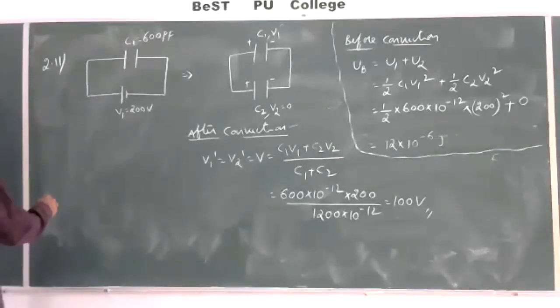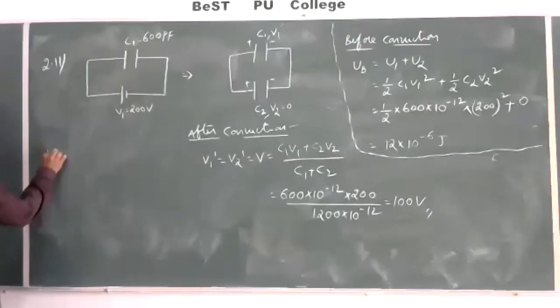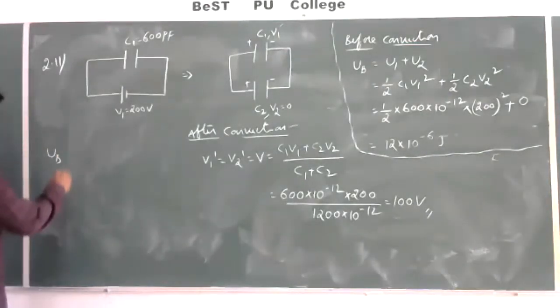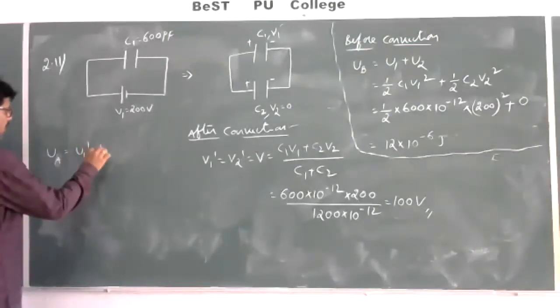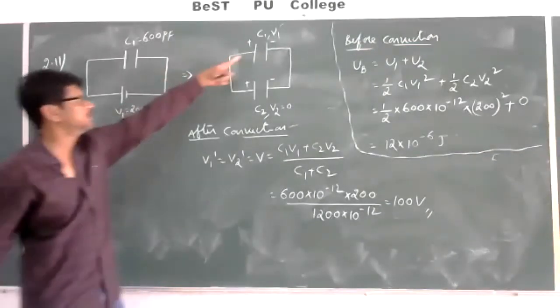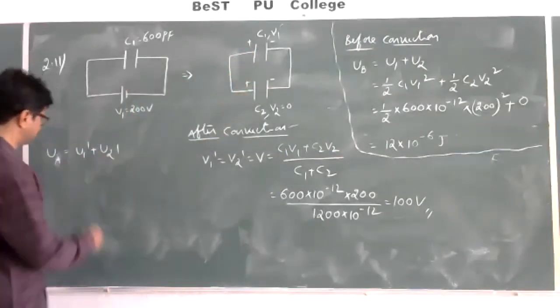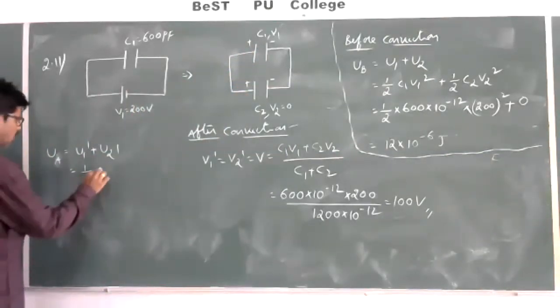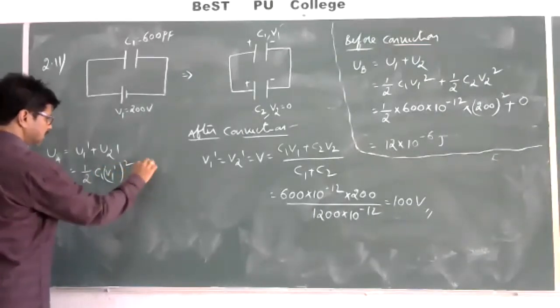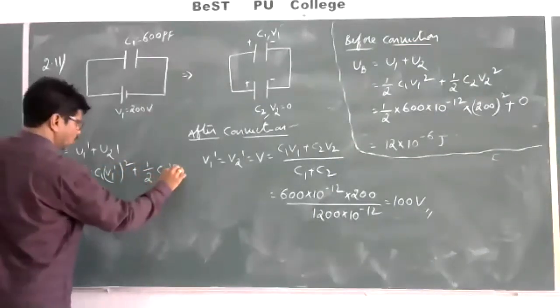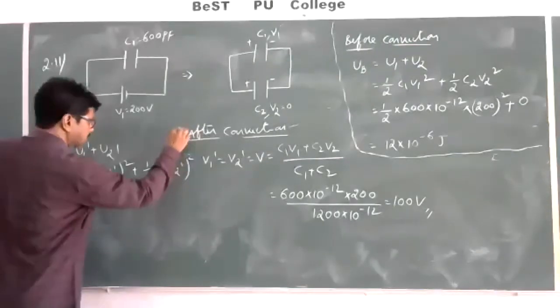Then after connection, what is the total energy? U1 dash plus U2 dash, the sum of these two energies. U is equal to half C1 V1 dash whole square plus half C2 V2 dash whole square.